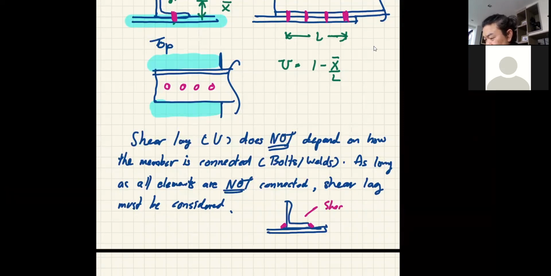So shear lag still occurs. And ladies and gentlemen, occur is a verb, okay? Not "is occur", okay? Shear lag still occurs, okay? So is there any question?